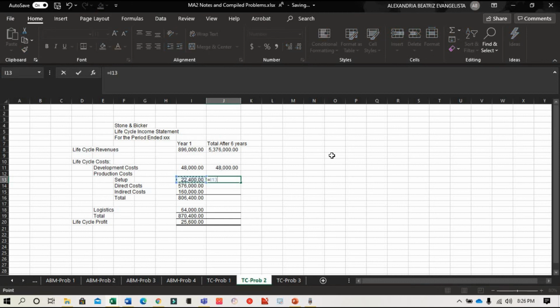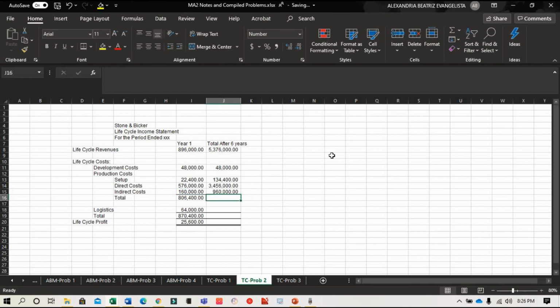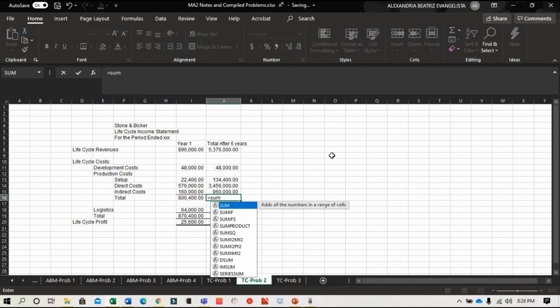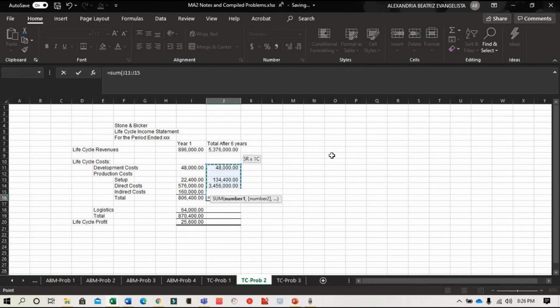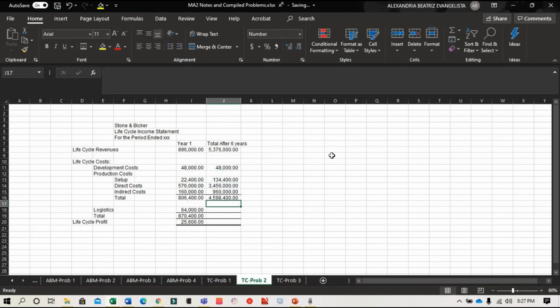For setup cost, you're going to multiply that by 6, and that would give you 134,400. Direct cost multiplied by 6 would give you 3,456,000. For indirect cost, multiply it by 6 as well, and it would give you 960,000. Adding those numbers together would give you 4,598,400.